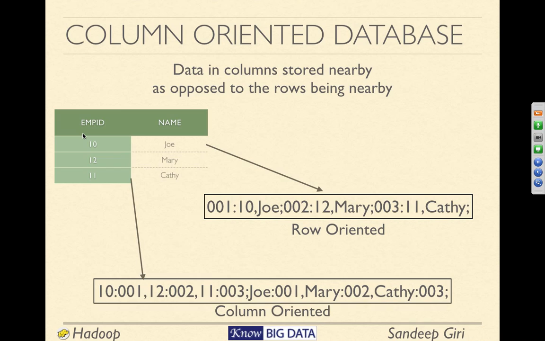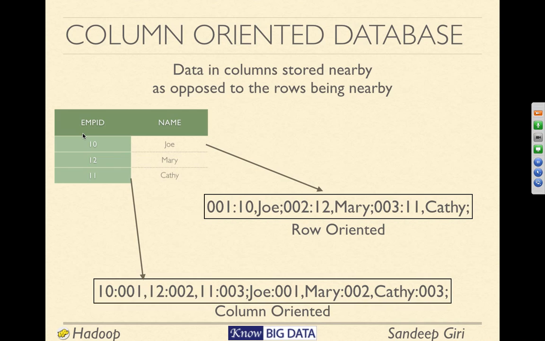But I'm trying to explain in very simple words that if you have data of a similar nature, the compression results are generally far better, and therefore storing column wise leads to a better compression than row wise. So that's the main reason why column oriented databases are more popular.